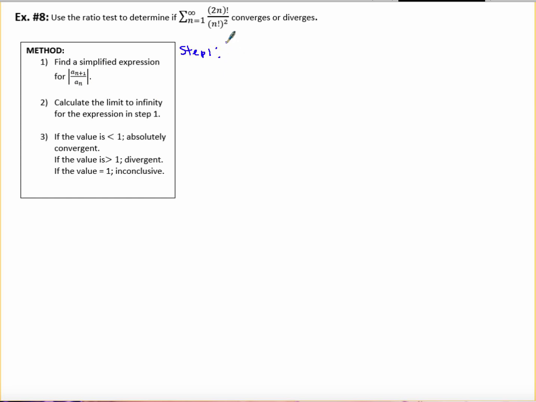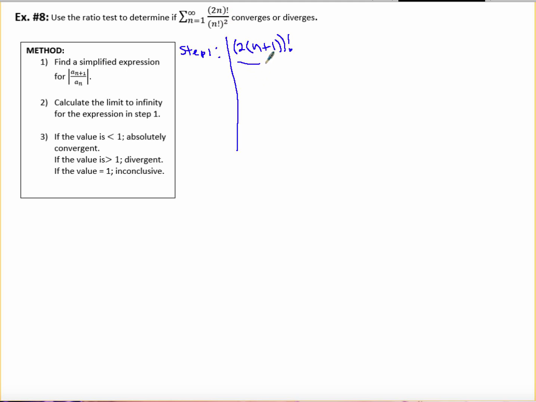So here we go. Absolute value of, that just means I'm going to substitute in an n plus 1 to the original first. So I've got 2n here, so that is going to give me 2 times n plus 1. And then we're taking the factorial. It's going to be real important that you're careful with your parentheses in this problem. Then the denominator, we've got n factorial squared.